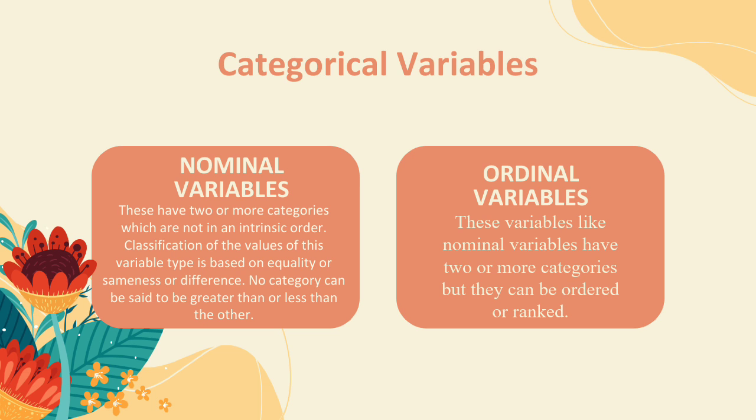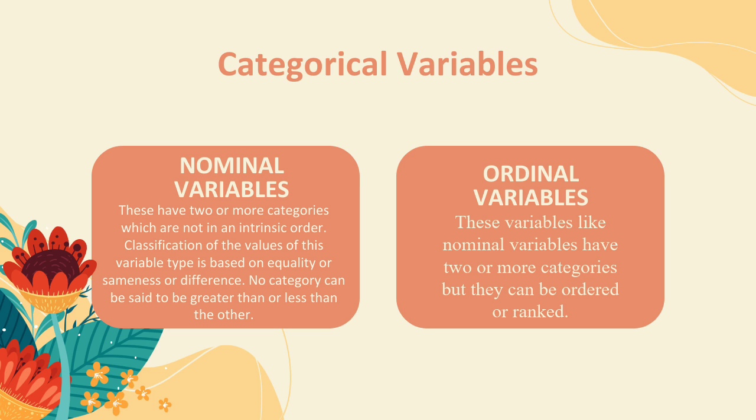A nominal variable doesn't actually show measurements. Rather, it names the characteristics of the subgroups. A variable like mode of study could have values like full-time, part-time, and distance learning. Other examples of this variable include religion, gender, or nationality.